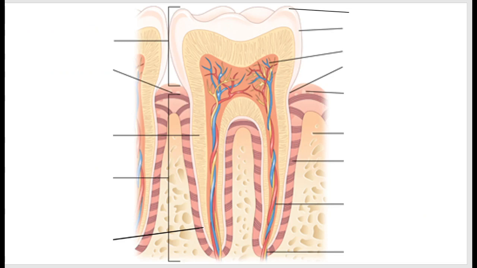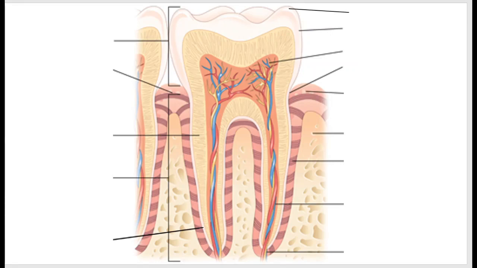We talked about this before, about the tooth layers and parts and structures, and this is a bigger picture that will show us all of the parts. So the tooth in general is separated into two parts.